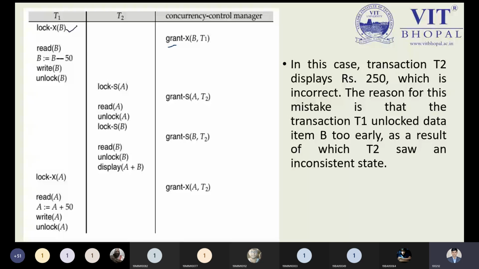So lock exclusive mode B, so we can read. We are reading the value 200 of B, and then updating it to 150. After writing, the value 150 will be written to the database, and we are unlocking.